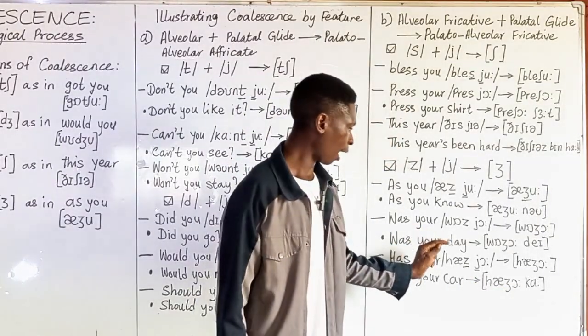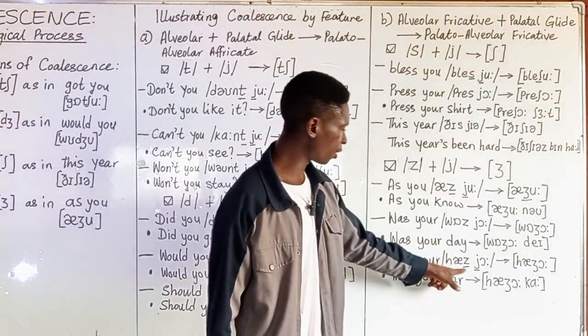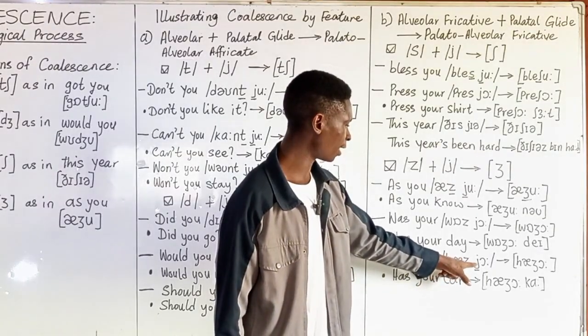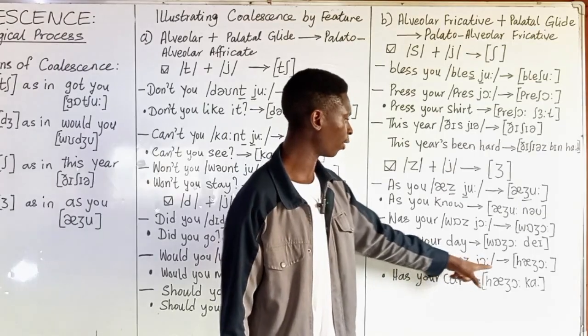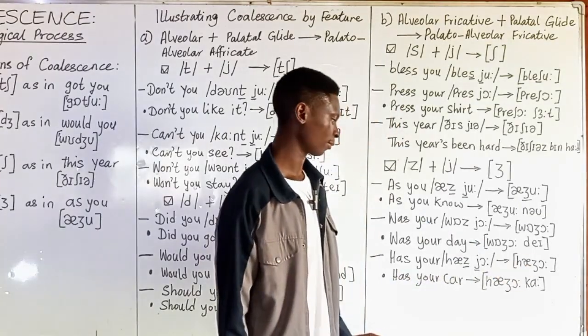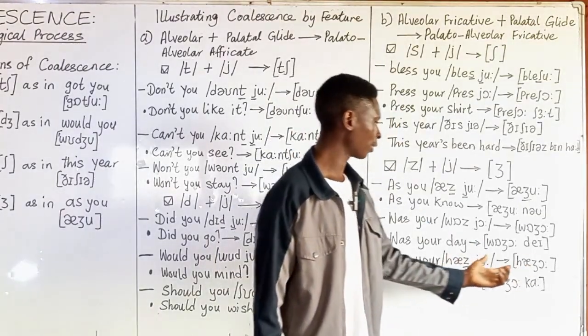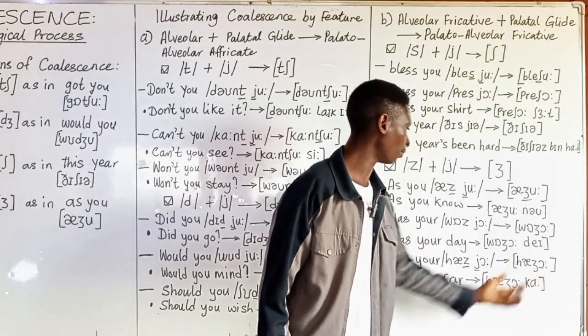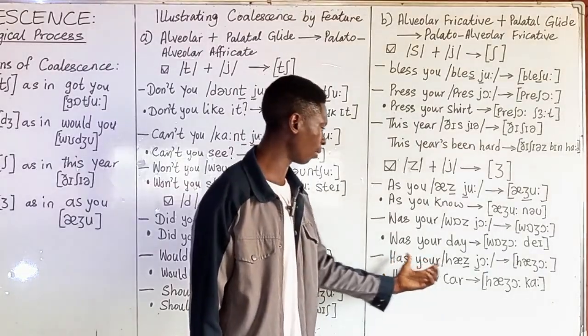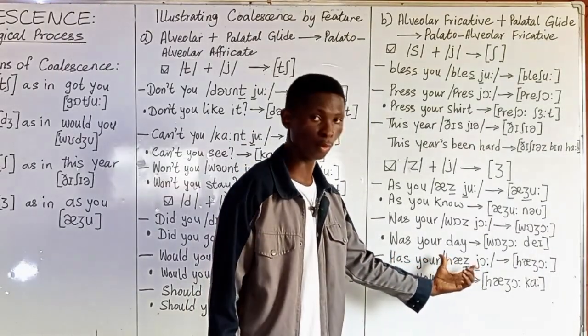So you can agree with me that this sound merges with this to give us this. This is the coalesced form, whereas this is the normal transcription of the two words.